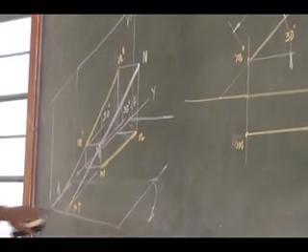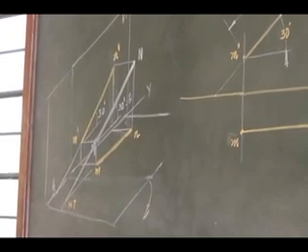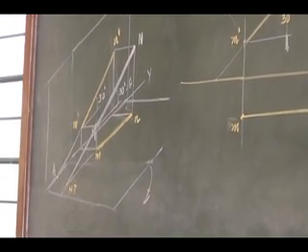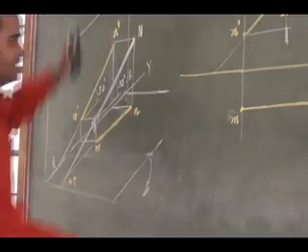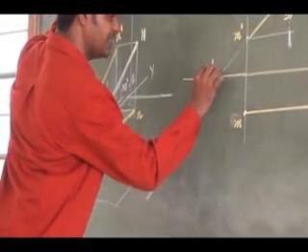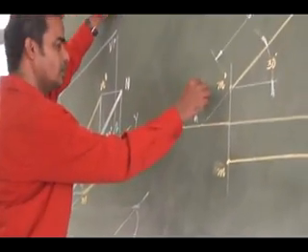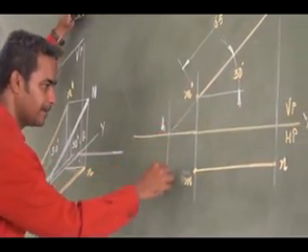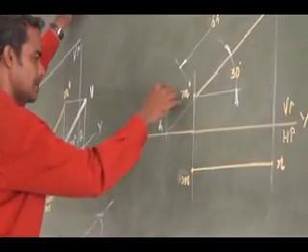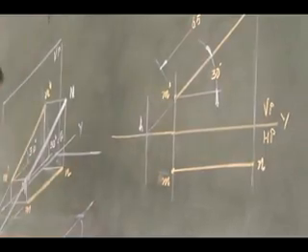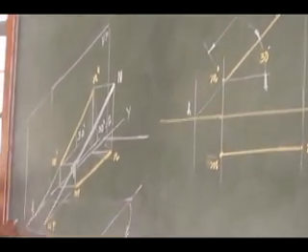Then what can I do to get this horizontal trace? I have to draw a vertical line from this small h.